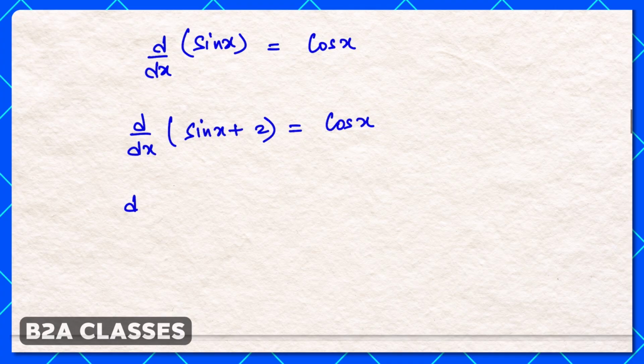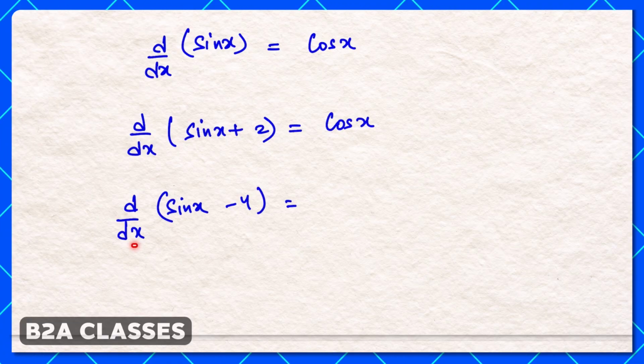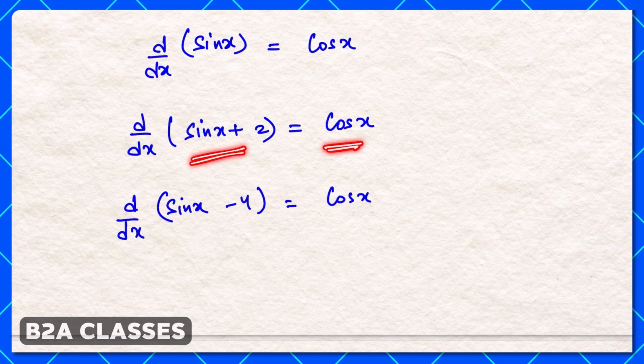Similarly, derivative of sin x minus 4. Again, the derivative of sin x is cos x, then minus the derivative of 4, which is a constant, will be 0. So cos x minus 0 is cos x. So the derivative of sin x is cos x, the derivative of sin x plus 2 is also cos x, and the derivative of sin x minus 4 is also cos x.